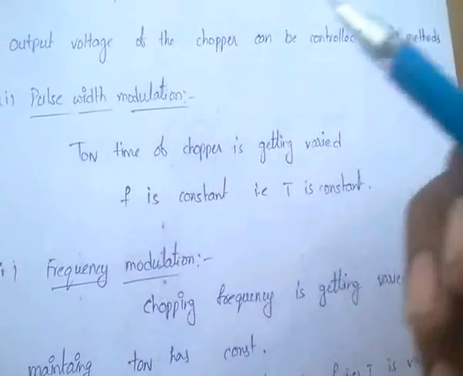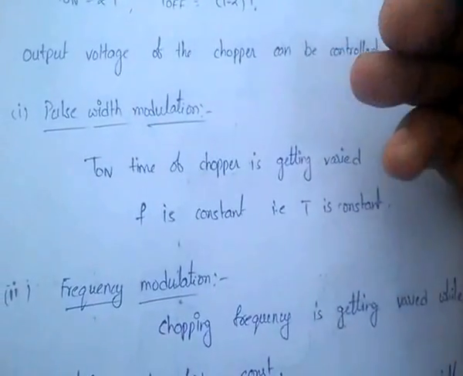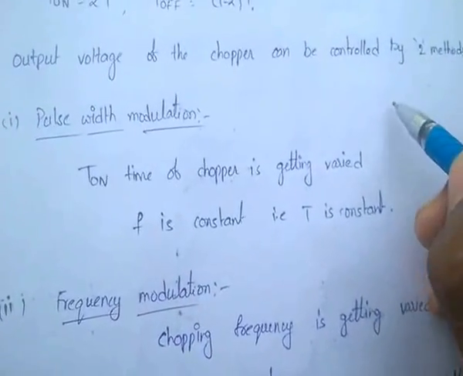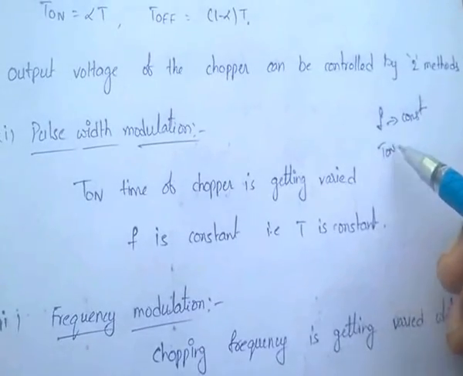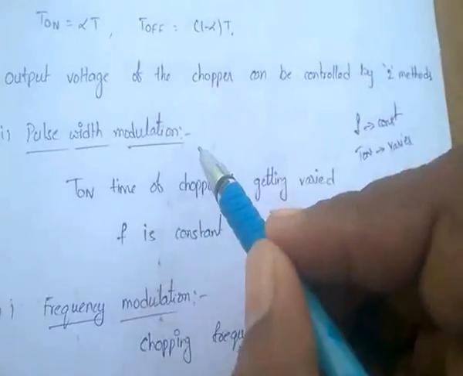In case of pulse width modulation, the turn on time of the chopper is varied and frequency is constant. In this way, the chopper can be controlled.